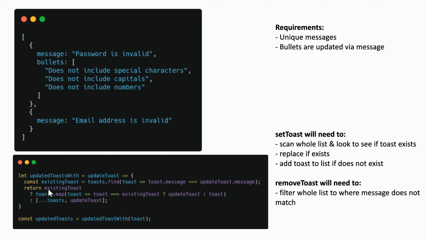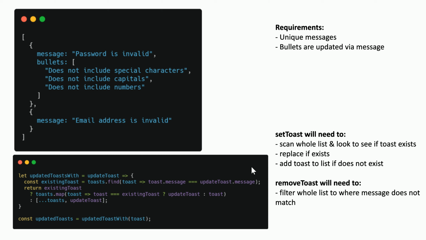And then if we were unable to find that toast that matches that message, then we spread the existing toast and add this new toast. So there's a fair amount of complexity here. We've got a find and some conditional and two different types of mapping here to create that updated state.